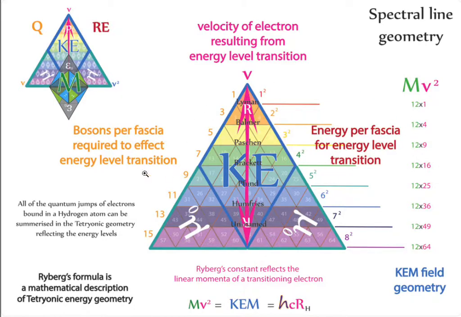Just summarizing all of this, as we're at the end of it all now. In the case of all photoelectrons involved in spectral line spectroscopy, or production, emission, absorption, all the energy is stored within the chem fields of the particle in motion. In this case, it's electrons. The energy momenta within those fields are all square quanta, and they're directly related to the velocity that the field is able to create.